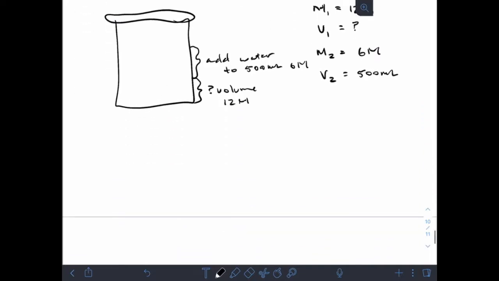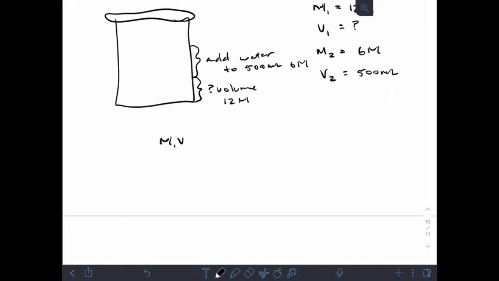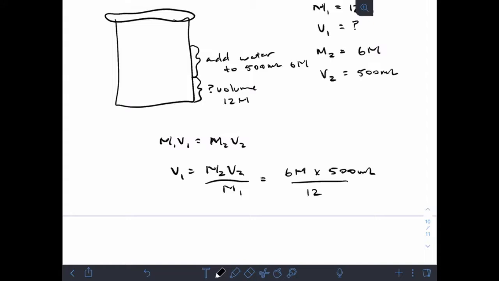So I'm going to use my dilution equation and just rearrange it. So I'll have 6 molar times 500 milliliters divided by 12 molar.